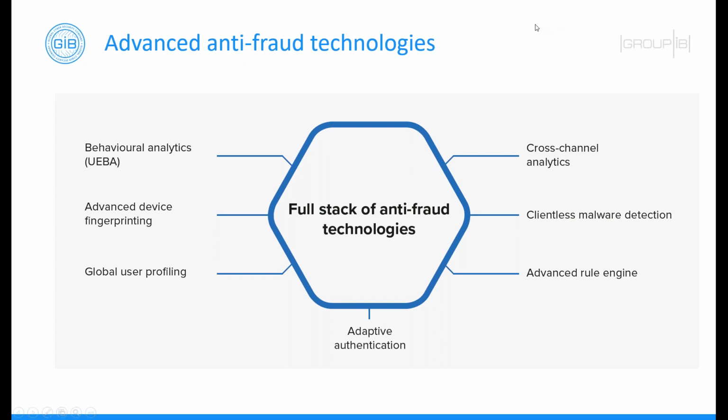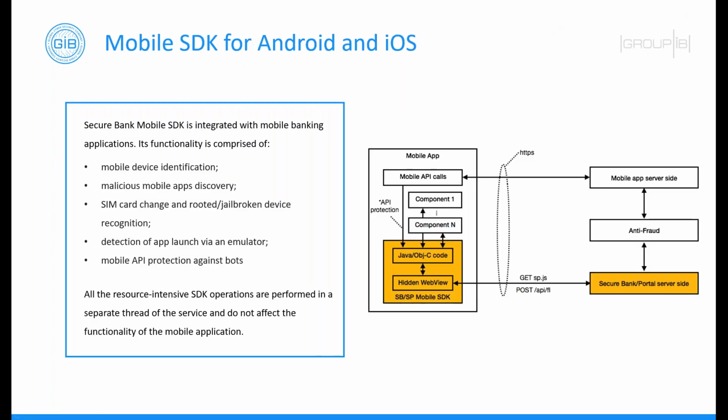With the mobile SDK for Android and iOS, the SDK is created for mobile device identification, malicious mobile apps discovery, SIM card change and rooted or jailbroken devices recognition, because such devices still appear and they represent a bigger threat for any online banking system.